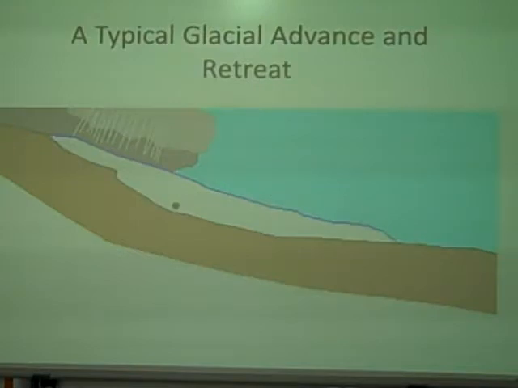When we consider the advance and retreat of a glacier, we've got to remember that material is going to be transported in three ways. One way in which material is transported is supraglacial, which is on top of the glacier. This will often be in the form of rockfall. Another type of glacial movement is englacial movement.